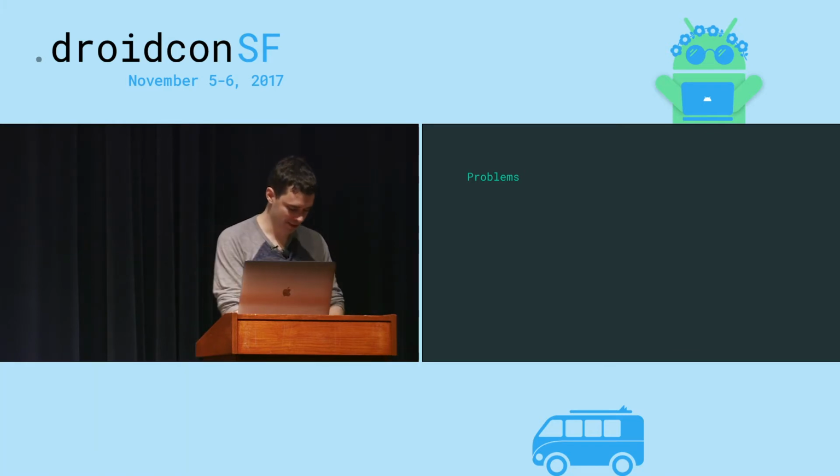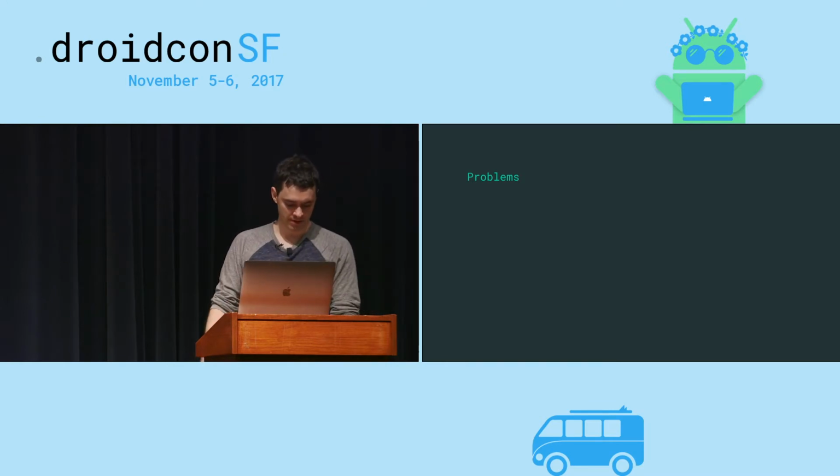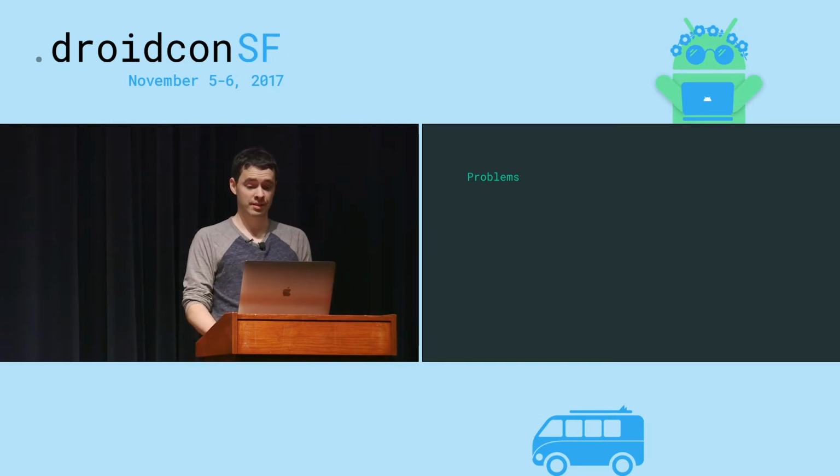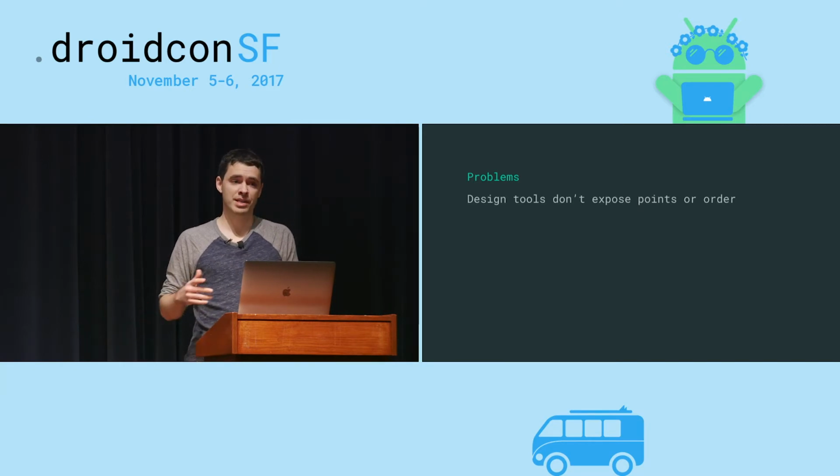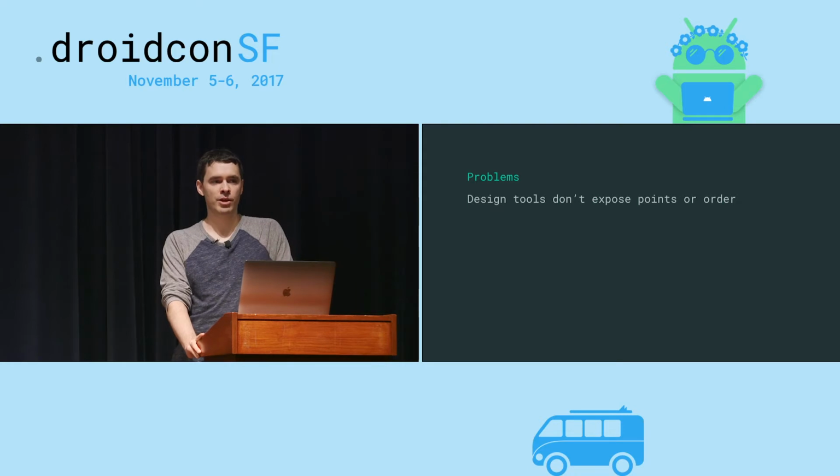what we agreed on was that the main issue here was the tooling, that design tools don't expose a way to manipulate the order of points. Sketch isn't going to provide you with a way to shift points over, because all Sketch cares about is what the shape looks like. It doesn't care about what order the points are in.